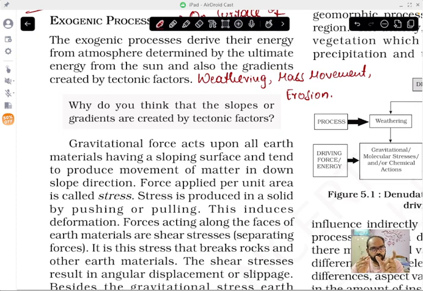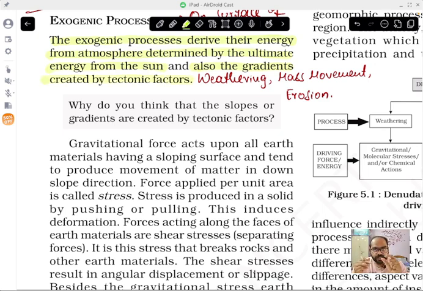For weathering or mass movement to happen, it needs some kind of energy, right? That energy is derived from the atmosphere itself. Look here: the exogenic processes derive their energy from the atmosphere, determined by the ultimate energy from the sun, and also gradients created by the tectonic factors.